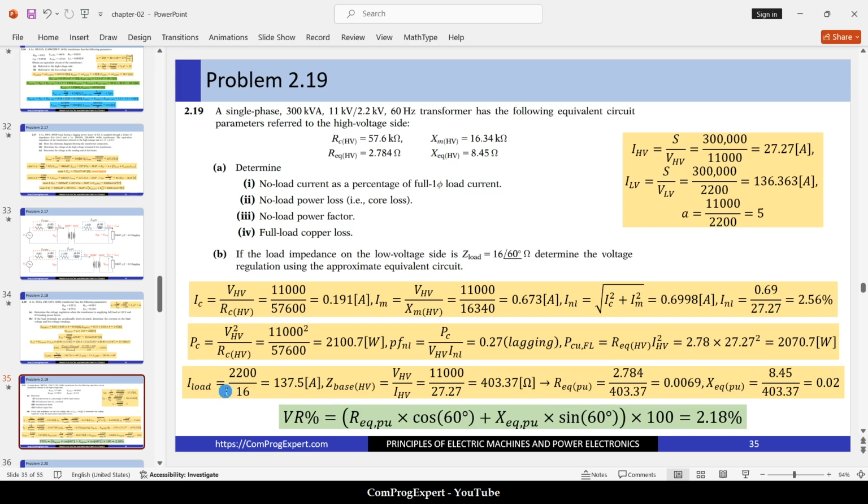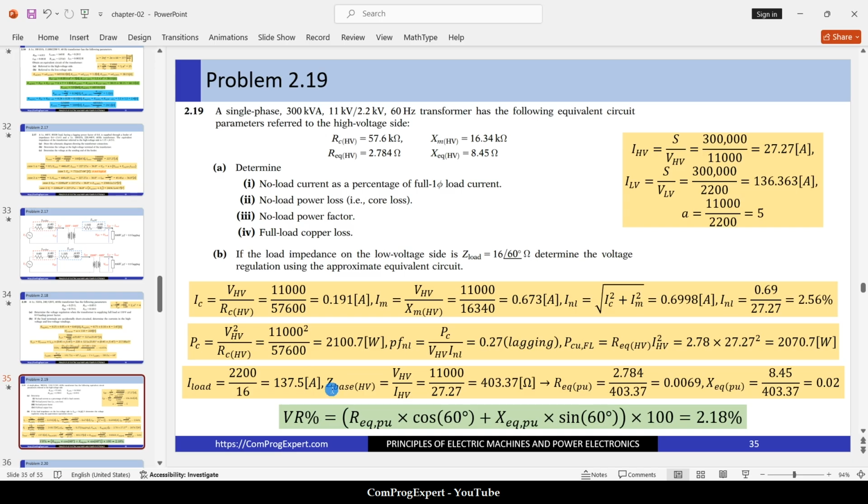The value of the load current is the rated voltage divided by the amplitude of this impedance, Z load, 2.2 kilovolts divided by 16 is 137. Yes, close to the rated one that we have here for the low voltage side.